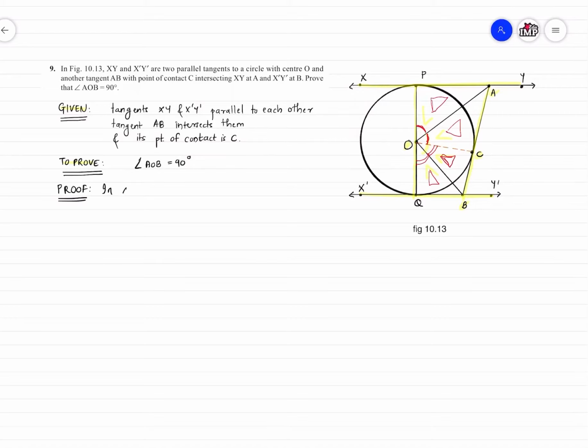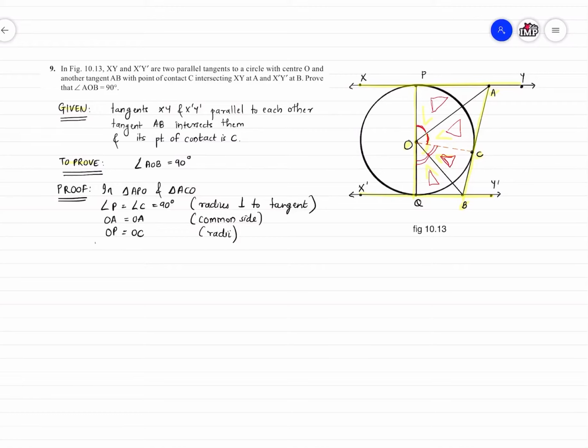So in triangle APO and triangle ACO, angle P is equal to angle C is equal to 90, radius perpendicular to tangent, that is our theorem 10.1. OA is equal to OA, which is also the hypotenuse of these right angled triangles, and since it is the common side, it is the same for both the triangles. Also, OP is equal to OC. Why?